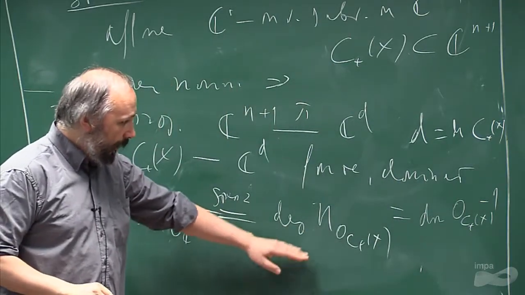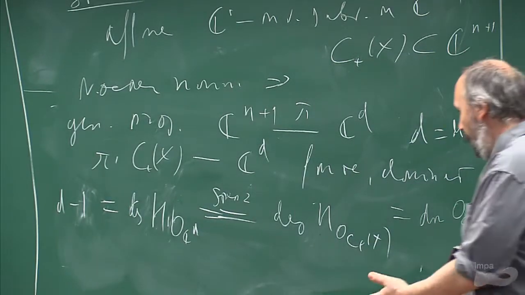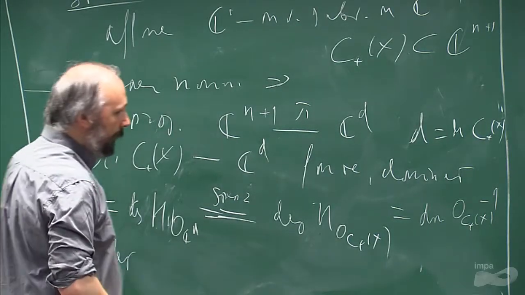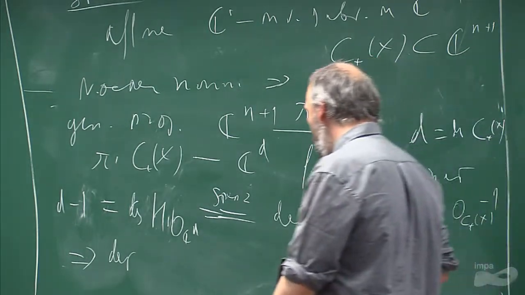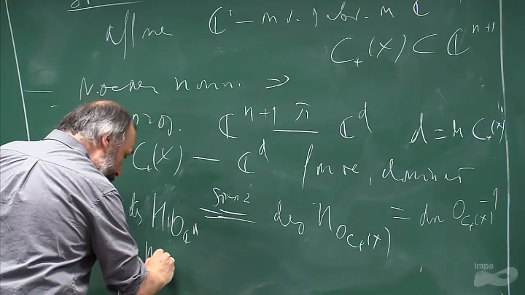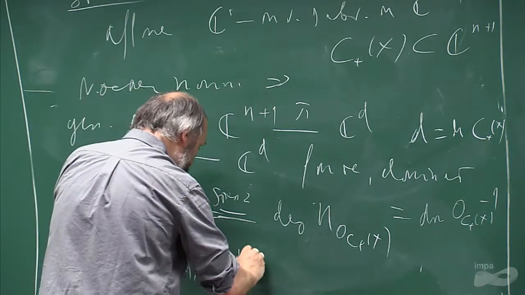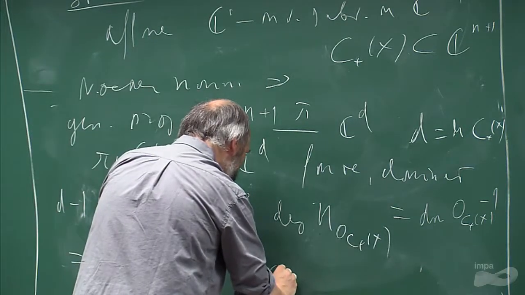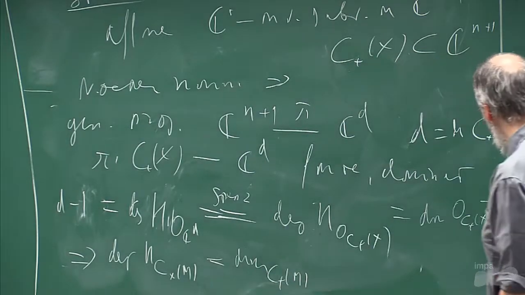Okay. Finally, we got what we wanted. So the degree of the Hilbert polynomial of any cone is equal to the dimension of this cone. There's something bad with minuses.